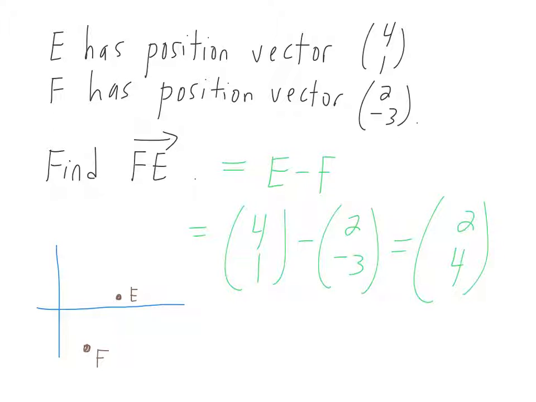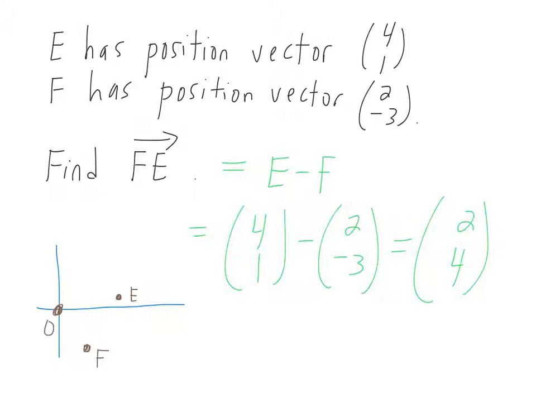And let's take a look at this graphically just to further clarify. If these are position vectors, and I just sketched where E is approximately as a point, then if the position vector is 4, 1, it really has coordinates 4, 1. And if F's position vector is 2, -3, it really has coordinates of 2, -3. Remember, if it's a position vector, it comes from the origin.